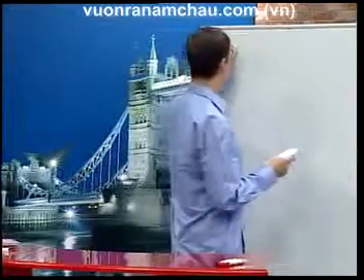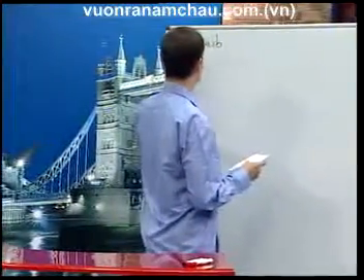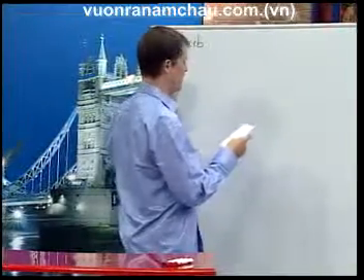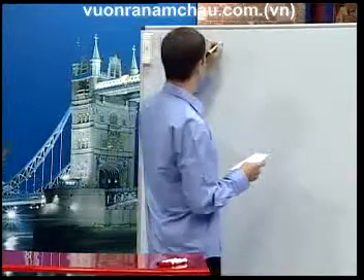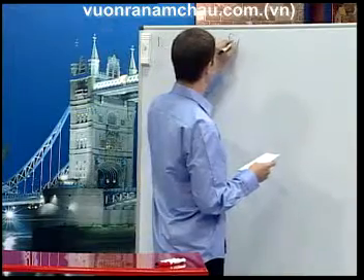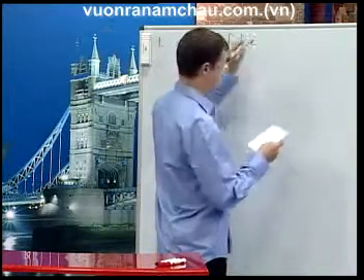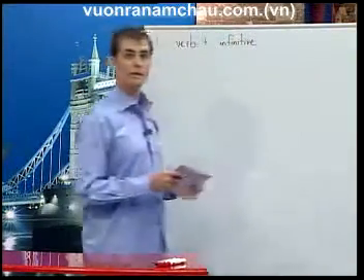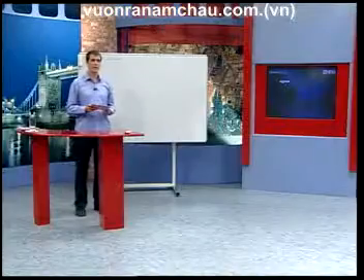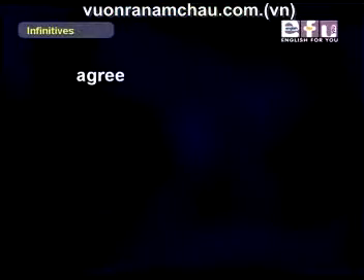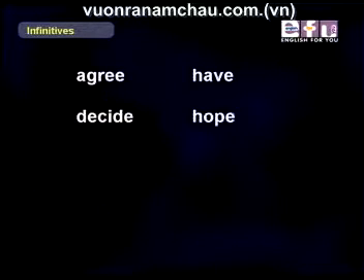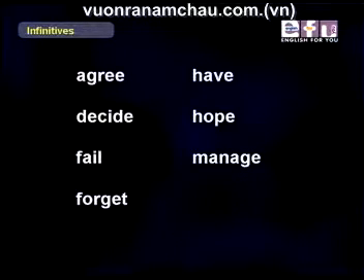So we have one example, verb plus infinitive. And some examples of these verbs are agree, have, decide, hope, fail, manage, forget, and seem.